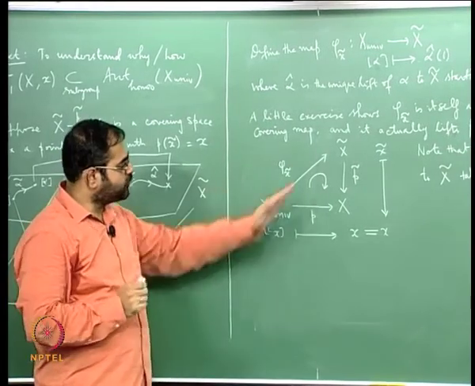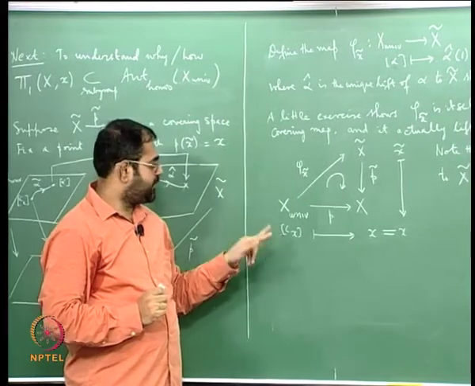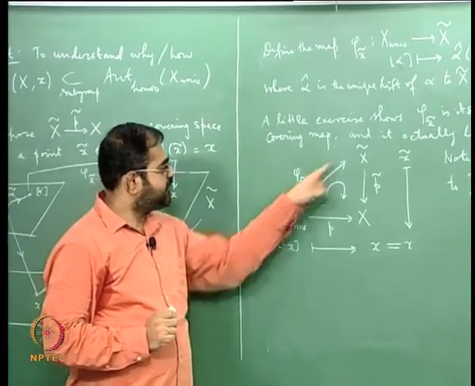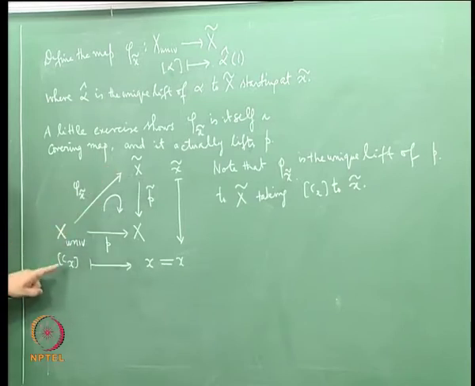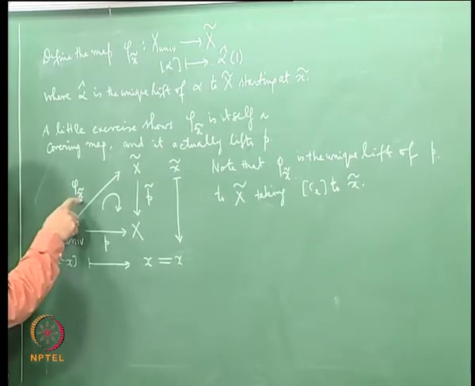So if you have two liftings that agree at a point, then they will agree everywhere. So this lifting is completely controlled by the fact that this point Cx goes to x tilde, so it is completely determined by this x tilde, okay.